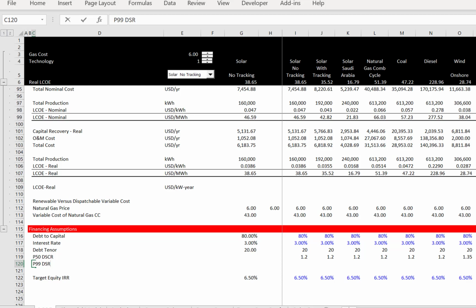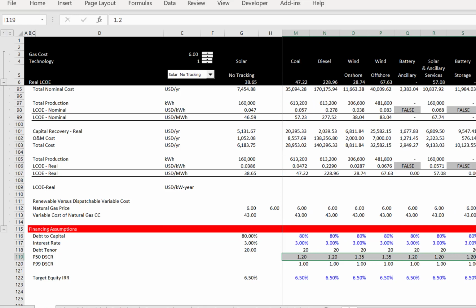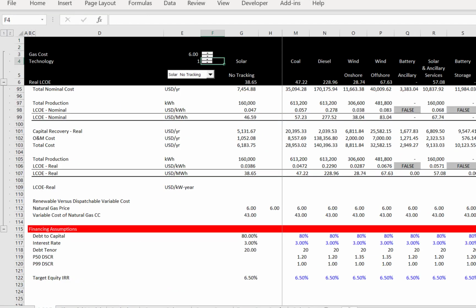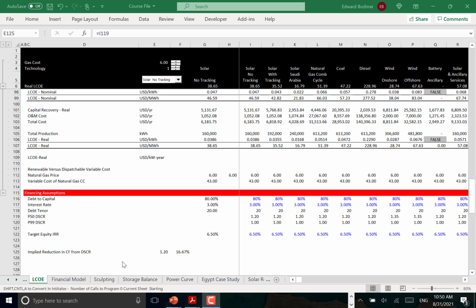So for now, I'm just going to put DSCR, because this is more of a solar analysis, and we'll make this 1.0 here. I know I've said this before. If we have a DSCR of 1.2, this implies, if we take DSCR minus 1 divided by DSCR, it's the old, how much can the cash flow go down? The cash flow can go down by 16%, and we still pay off the debt.